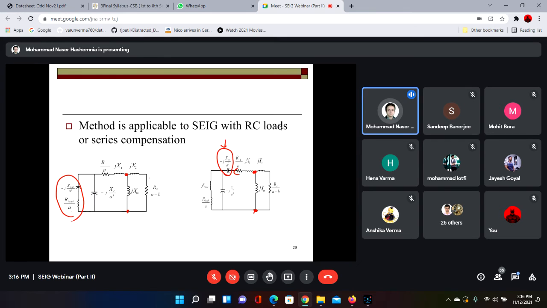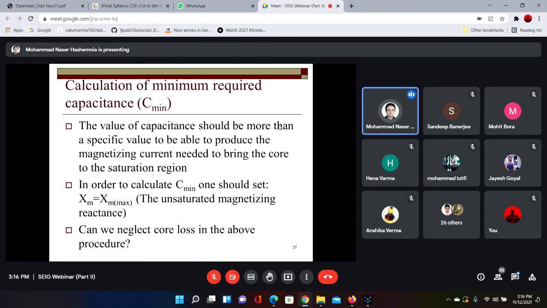Another part of my webinar is dedicated to calculating the minimum required capacitance. You know that capacitance should be present there at the terminals because we don't have a source of reactive power in the machine, so we should provide it locally. The machine is RL, the load is generally RL, so we should have capacitors across the stator terminals of SEIG.